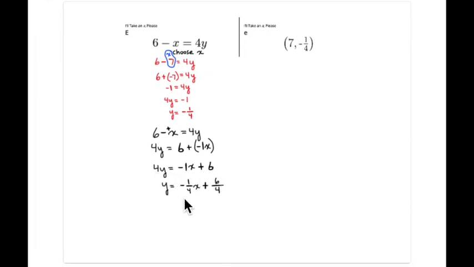So that's y is equal to negative 1/4 x. You have to divide this negative 1 by 4. And you also have to divide this 6 by 4. You have to get them to be a common denominator. So 6 divided by 4 is 6/4. So the slope is a negative 1/4, and the y-intercept is 6/4. This is a little bit tough. It takes some practice to go through that.